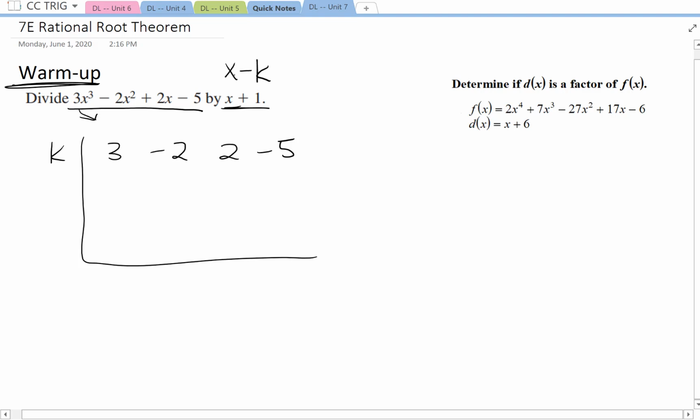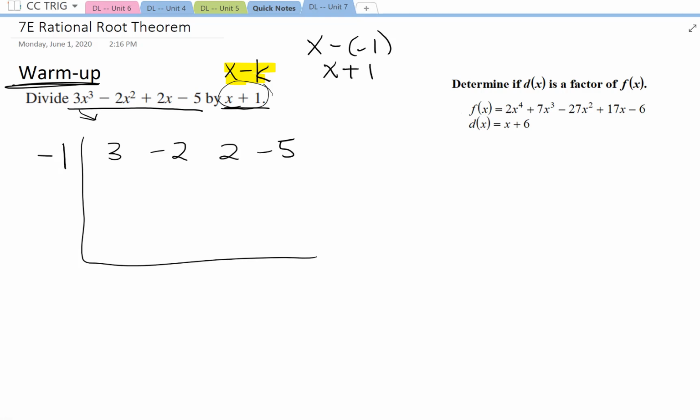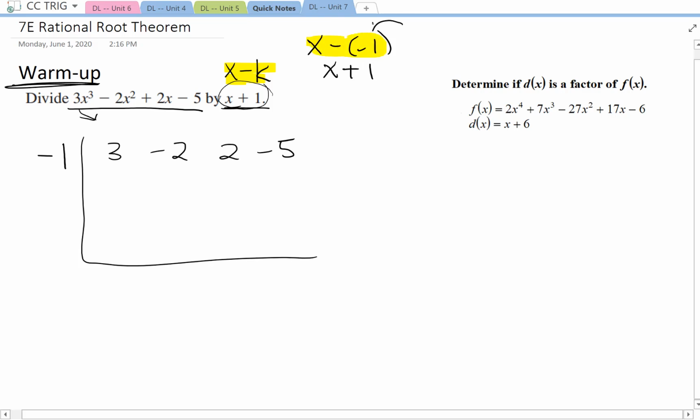Now, if it's in the form x minus k, then for x plus 1, k is the opposite sign. K is going to be -1 because only x minus -1 could have simplified to x plus 1. That gives you -1 for k.